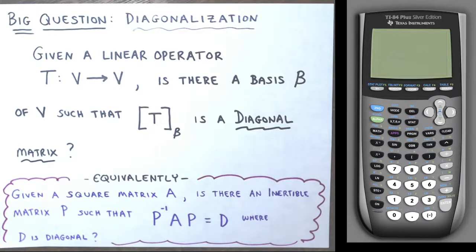And why the fascination with diagonal matrices also? I have this page up on my last video as well. The reason we're interested in diagonalizing a square matrix, or diagonalizing the standard matrix of some linear operator, is because working with diagonal matrices is incredibly simple and very, very nice.